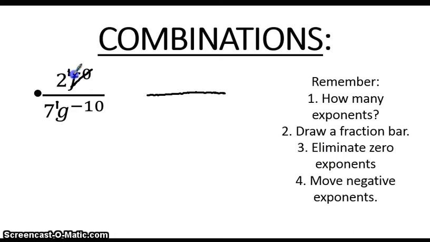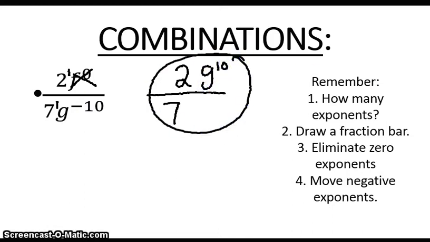We can eliminate this because it equals 1, and 2 times 1 is just 2. We will keep all of our positive exponents in the same position. So we'll keep our 2 and our 7 where they are, and we will move our negative exponents. G to the negative 10 is in the denominator, so we move it to the numerator, giving it a positive exponent. 2g to the 10th over 7 is the simplified expression.